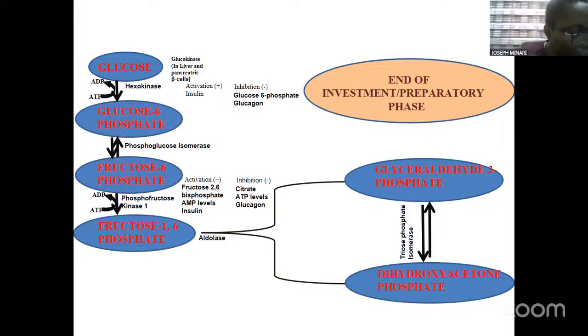The enzyme involved from glucose to glucose 6-phosphate is hexokinase. We have glucokinase in liver and pancreatic beta cells, and this part is regulated by activation by insulin of glucose.